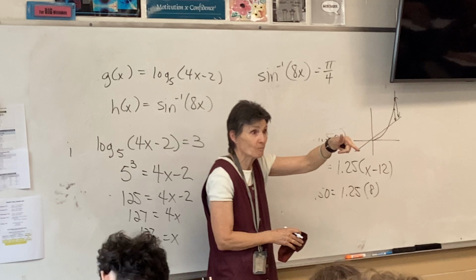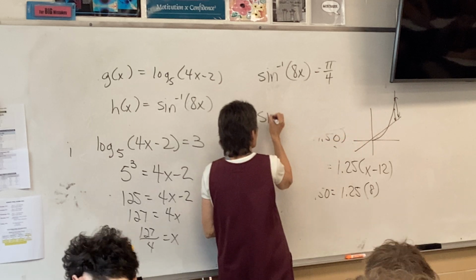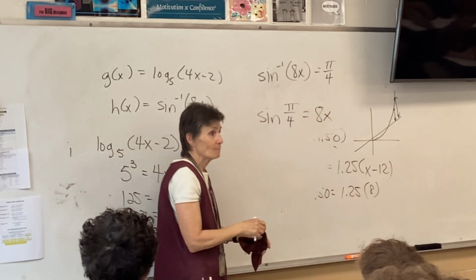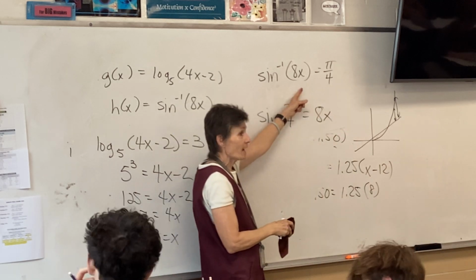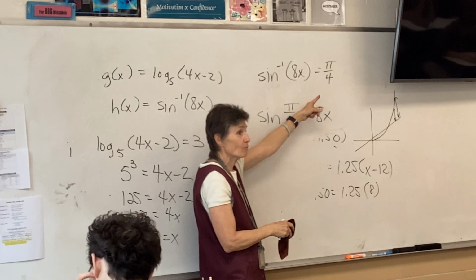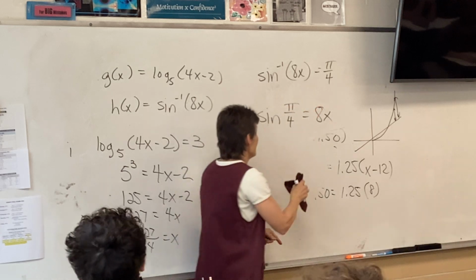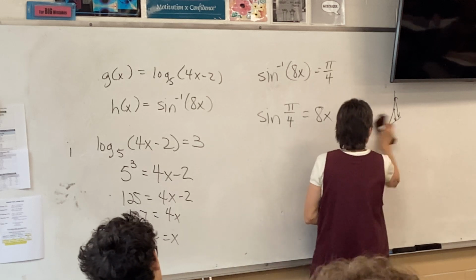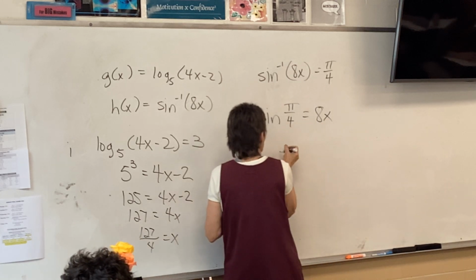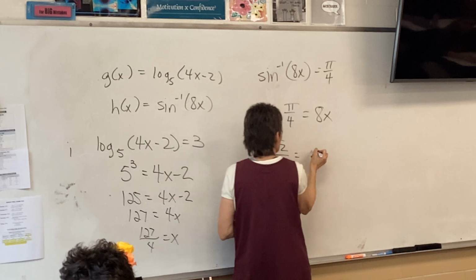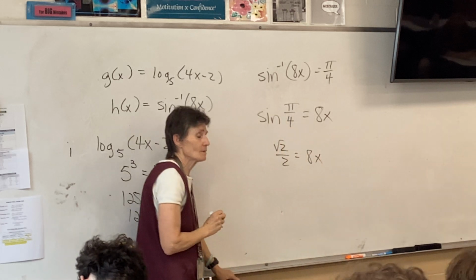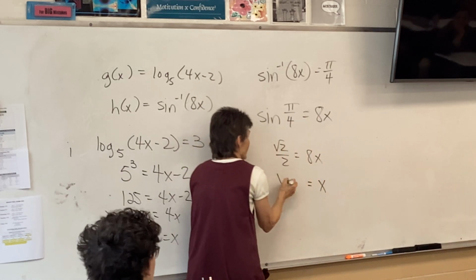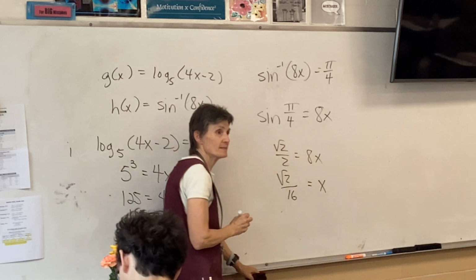The angle is pi over 4. So in other words, if I take the sine of pi over 4, I get 8x. What is the sine of pi over 4? Root 2 over 2. So root 2 over 2 equals 8x. So what does x equal? Root 2 over 16.